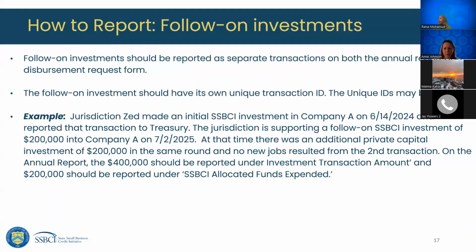There was an additional private capital investment of $200,000 in the same round, and no new jobs resulted from the second transaction. So on the annual report, the $400,000 should be reported under investment transaction amount, and $200,000 should be reported under SSBCI allocated funds expended.